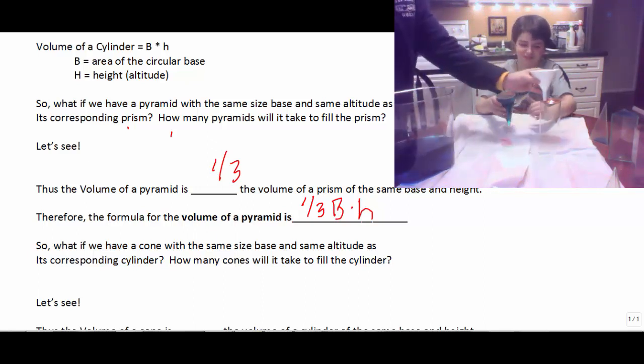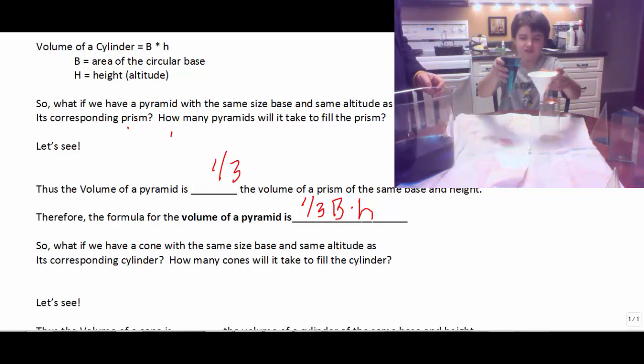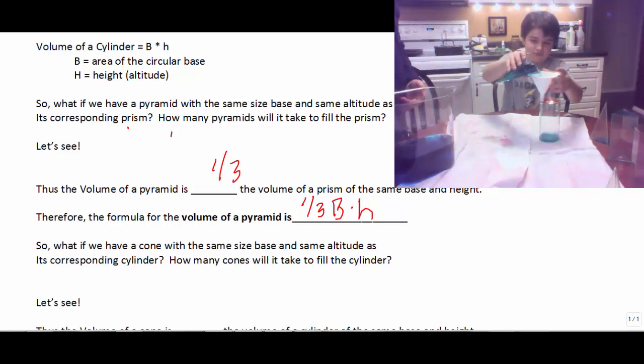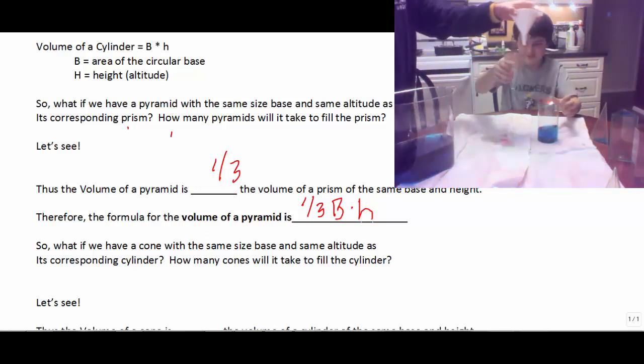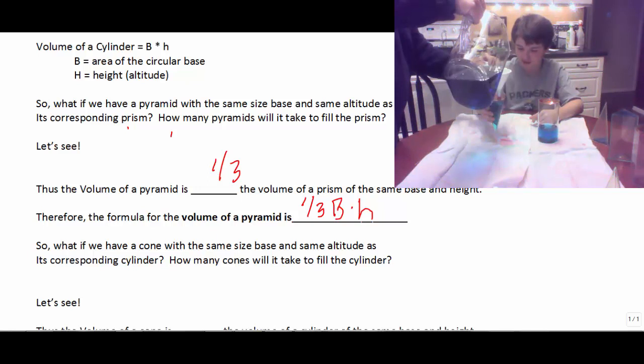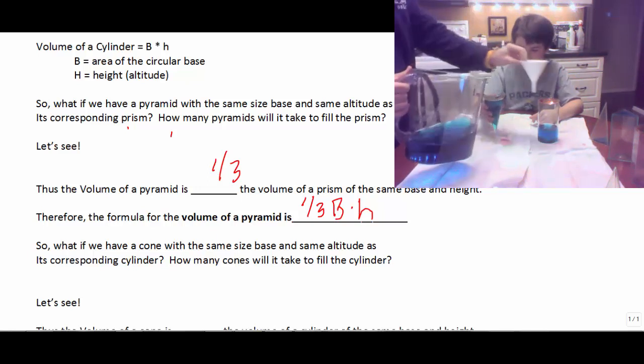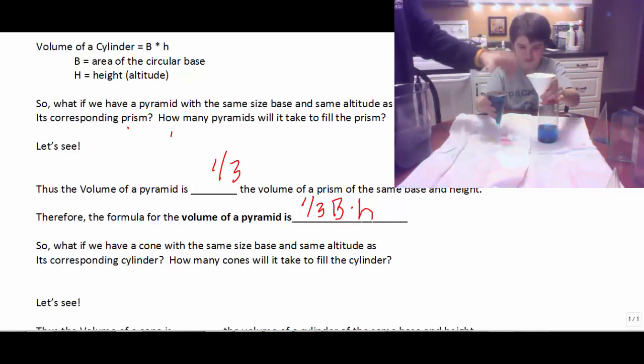Go ahead. We'll pour it in. Oh no. We have a spill. A little bit of a spill. It's going to be 3. I'm telling you. That's 1. 2.